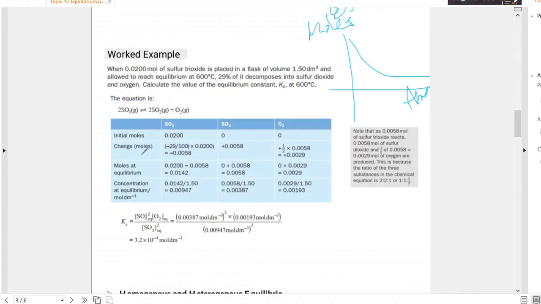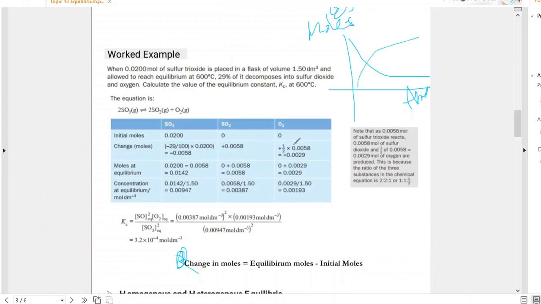Because what is this change? This change is basically... I hope it's understood. So we got the change in moles, and the change in moles for products must be positive.